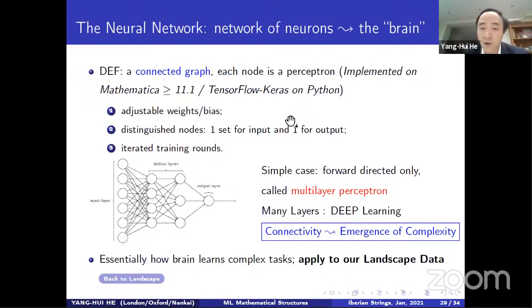And now there are what are called universal approximation theorems. There are various statements, which essentially say that given enough width and enough depth, you can approximate any function. You can prove that by Taylor expansion. That's the fundamental reason connectivity leads to the emergence of complexity: we have Taylor series of very complicated functions.